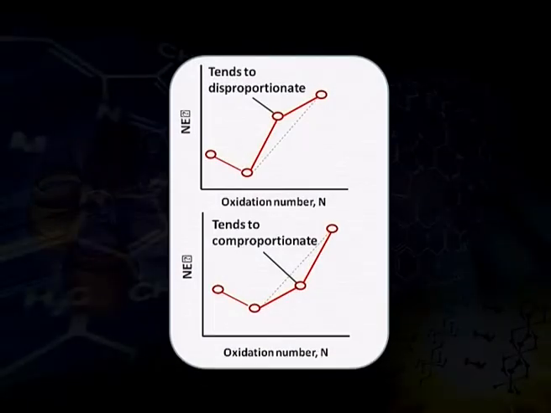Using a Frost diagram, one can predict whether one oxidation number would undergo disproportionation or two oxidation numbers would undergo comproportionation. This point represents the tendency to disproportionate between the two oxidation states, and this point represents the comproportionation between the two oxidation states.